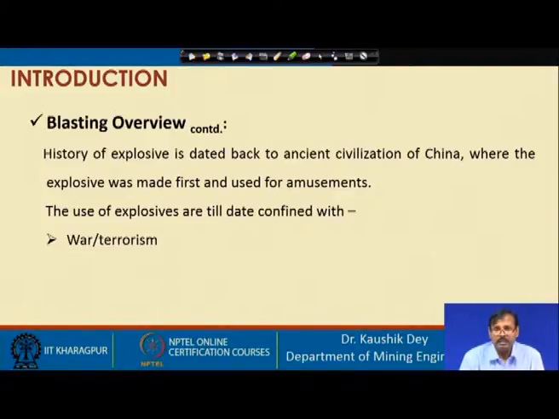It is essential that we know how this energy can be released from that small chemical and utilized in a controlled manner as per our intention. Basically, rock excavation is also one type of that. We utilize this huge energy for the good of civilization, where we break the rock for its development.